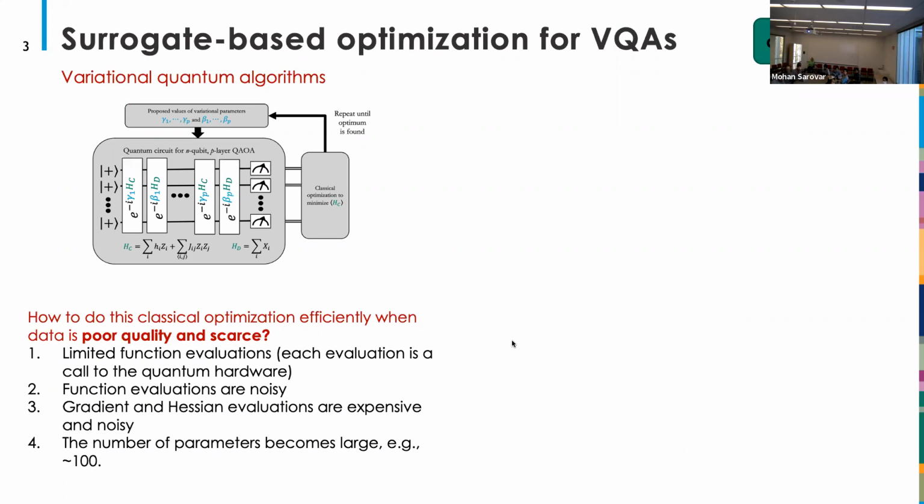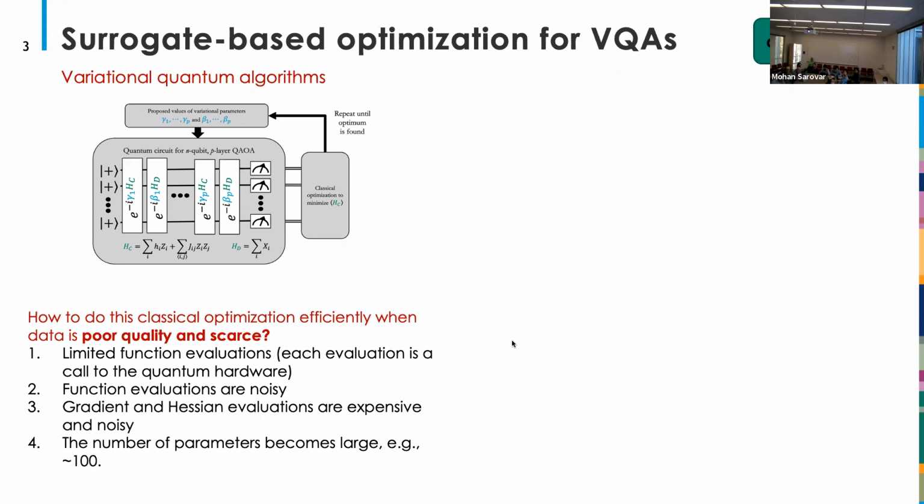So it's a parameterized circuit that you optimize. And the thing we're really thinking about is the classical optimization step, not so much the quantum step. And the question is, how do you do this classical optimization efficiently when the data is poor quality? What I mean by that is that we know that these devices are going to be noisy, so you're not going to get a perfect estimate of the observable or the cost function.